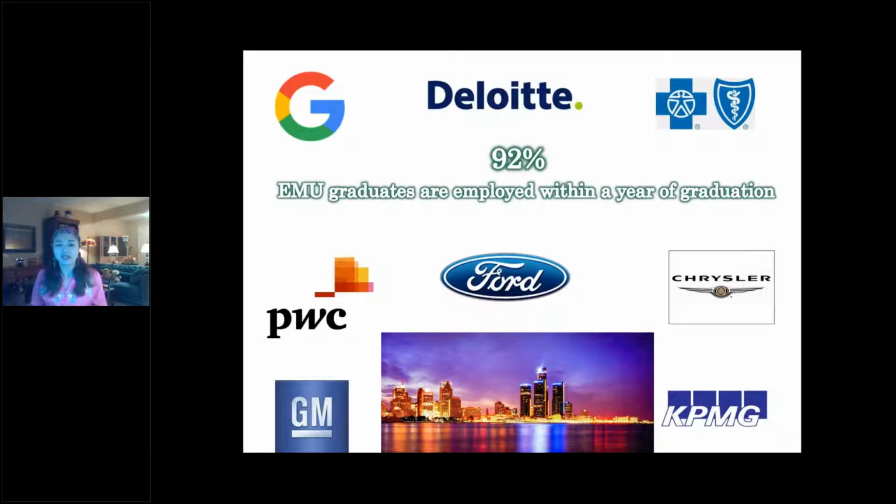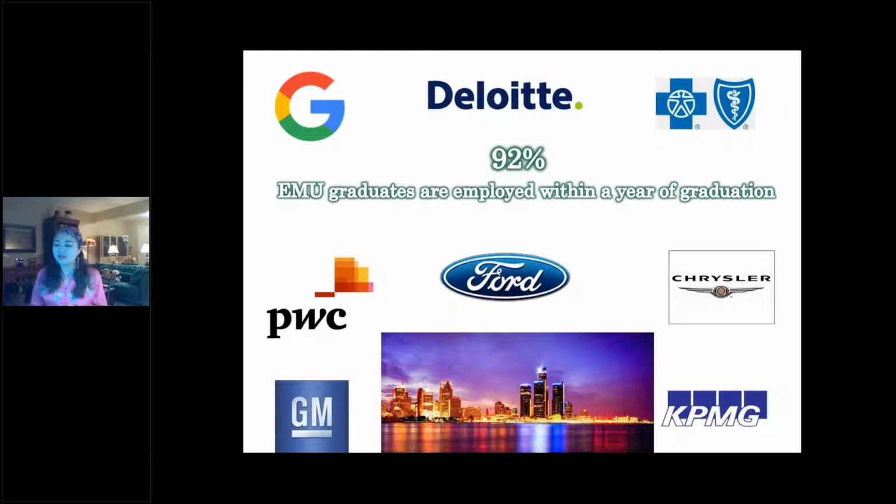What I put on the screen are some of the companies that hire our students, including obviously those car companies, GM, Ford, Chrysler, and also some other big accounting firms like PwC, and Google, and some other insurance companies.